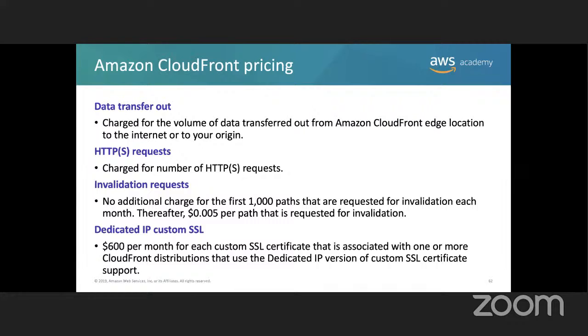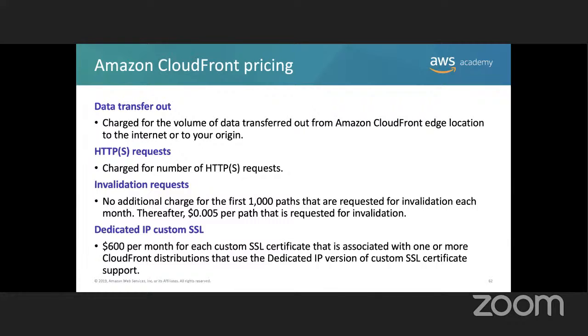If you use other AWS services as the origin of your files, you're charged separately for your use of those services, including storage and compute hours. You're charged for HTTP or HTTPS requests, so every single HTTP request that is done to CloudFront for content, you're going to be charged for that.